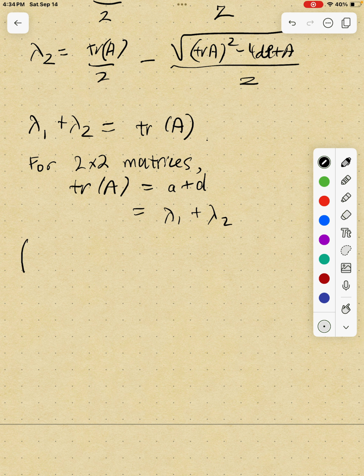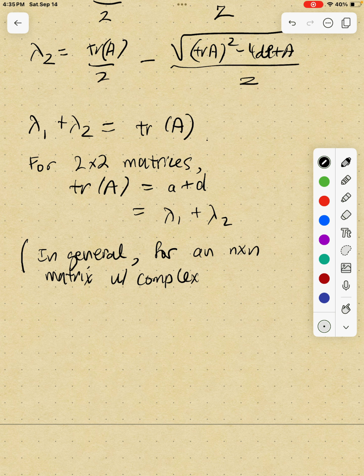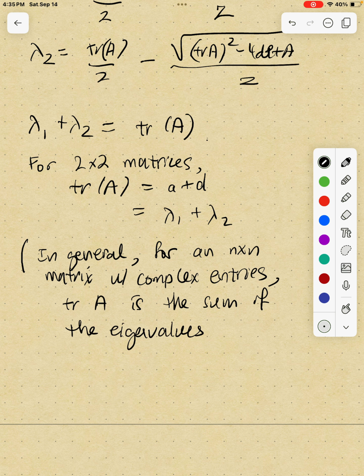And in fact, this is in general true. We haven't proven this, but it's a general fact that for an n by n matrix with complex entries, the trace of A is the sum of the eigenvalues of A, possibly repeated, counting multiplicity.